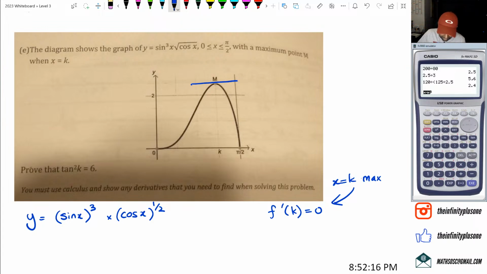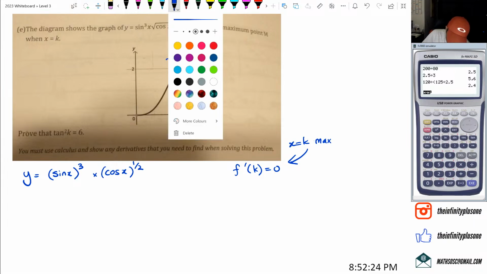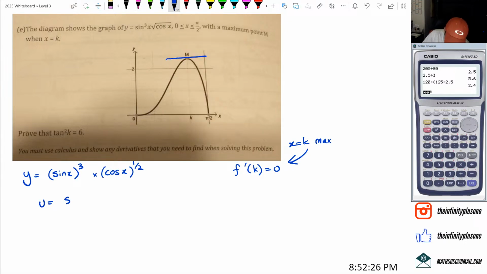All right, look, let's give this a go. I think you guys should be okay with this part, because here we're just using the product rule. So we're going to say u is equal to sine x cubed. So u dash is equal to 3 sine x squared multiplied by the differentiation of sine x, which happens to be cos x.